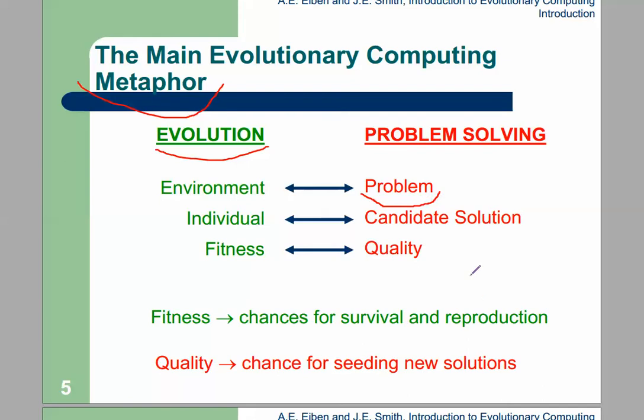We find a solution, for example a bad, low quality solution, but by some methods that you learn in this course, you can evolve or improve it to reach the best solution. Each solution is named an individual. An individual in EC is a solution.